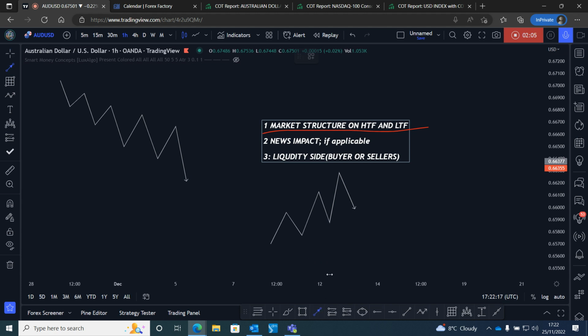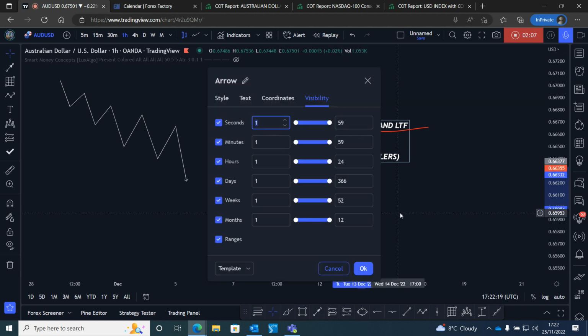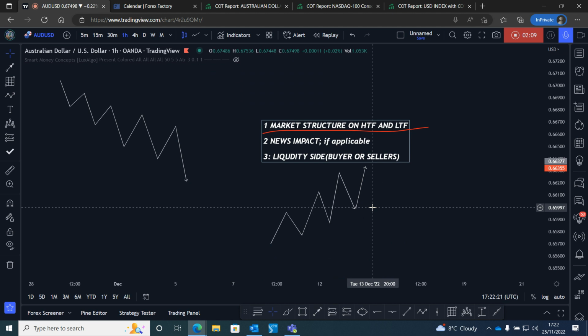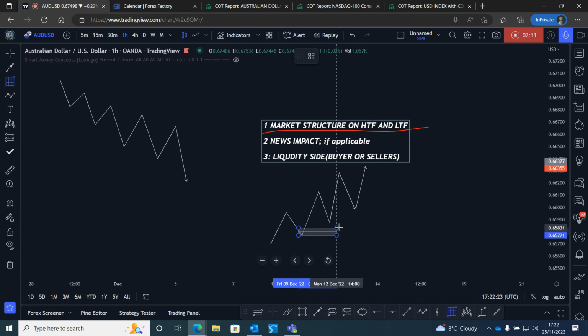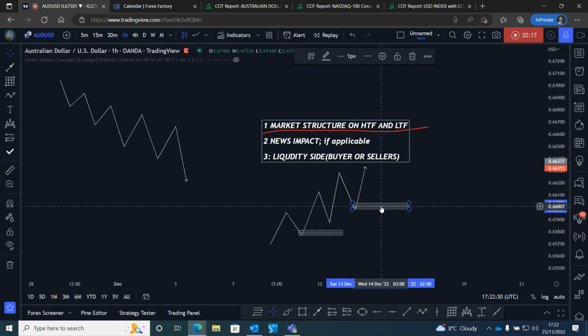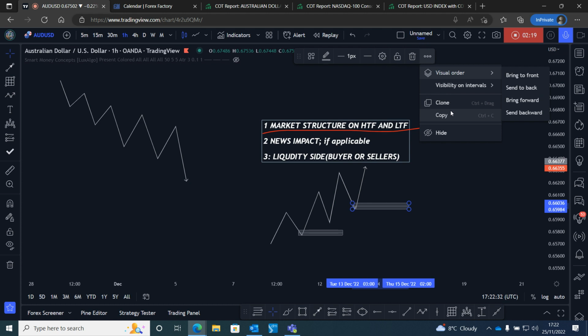So that's pretty much what market structure entails. It's all about identifying where there's a point of interest where we can buy or where we can sell.